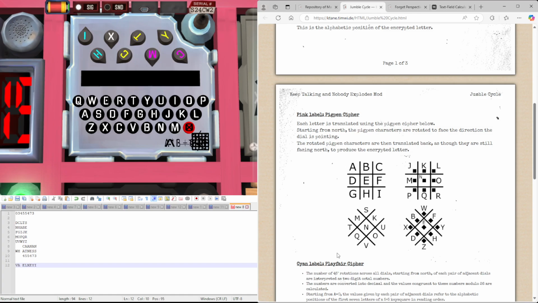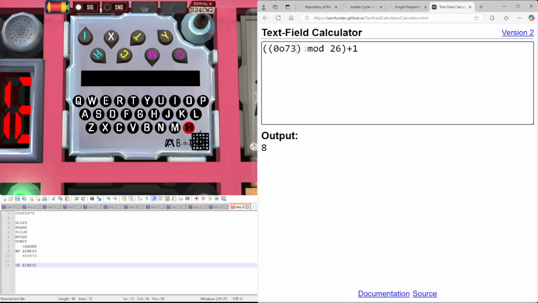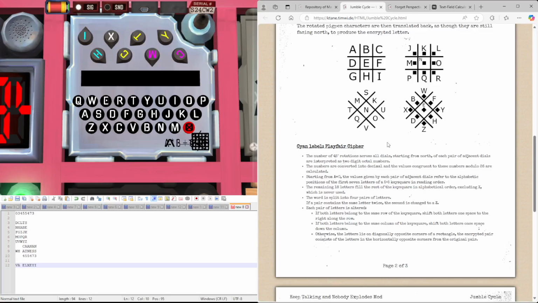Then 14. I have a TC here. So 20 times 11. Then we have 14 times 11. And then 19 times 15. Then I'm pretty confident on the Pigpen letters as well.